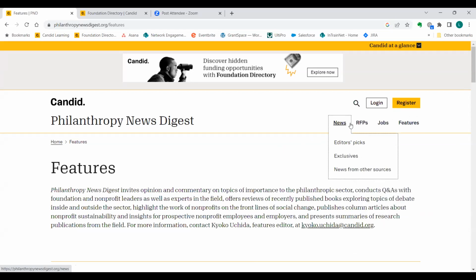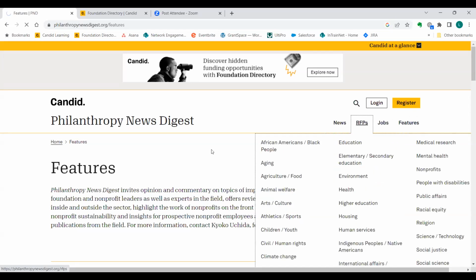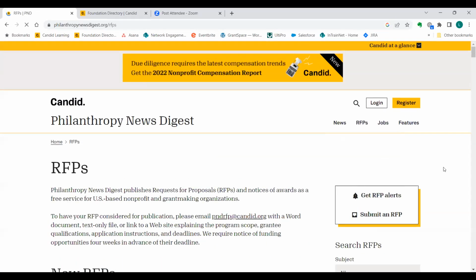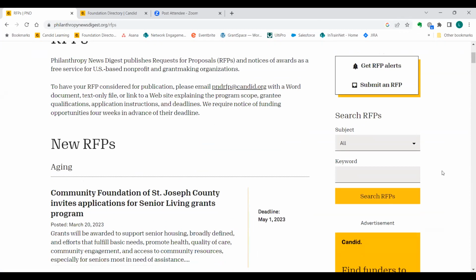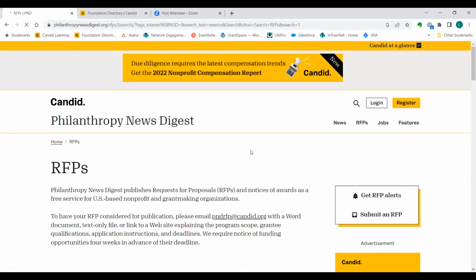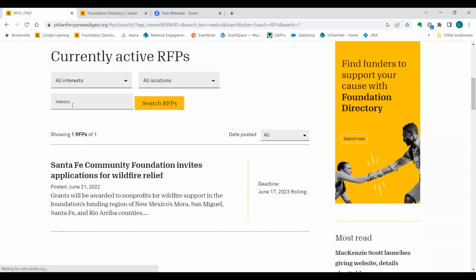But the other thing about Philanthropy News Digest is that they list RFPs. So these are requests for proposals. In other words, this is grant money that comes looking for you for particular things. And let's try, I don't know if there's anything specifically geared to Mexico, but we can look and see if there are any current RFPs.